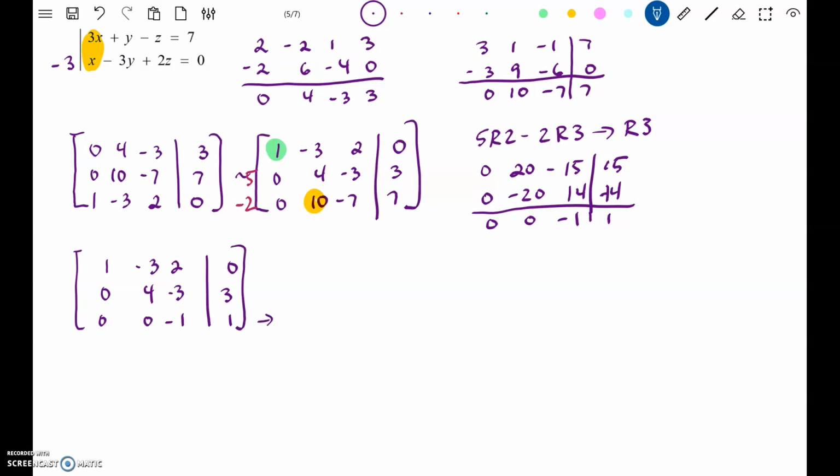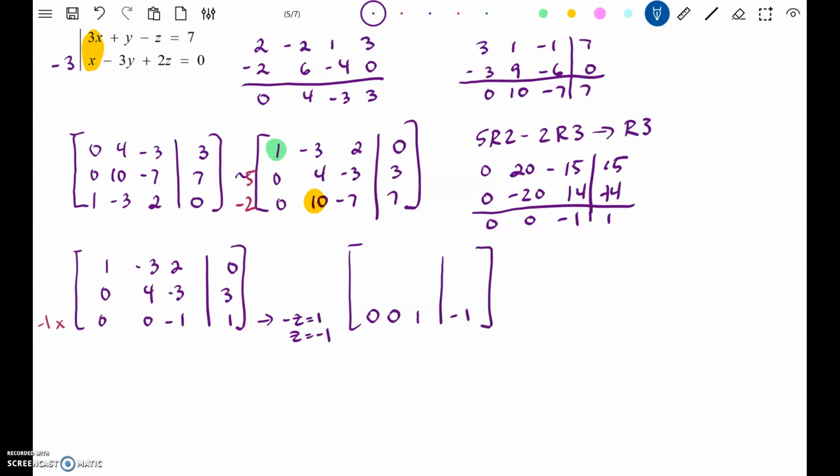So we figure out that negative z is equal to 1, or z is equal to negative 1. We'll continue by multiplying the last row by negative 1 to make it proper: 0, 0, 1, negative 1.